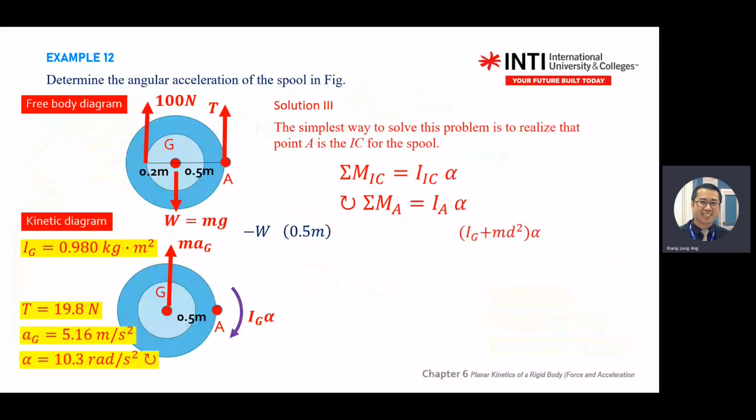Here you convert A as your IC point, and you calculate the second moment of inertia at point A. So you have no issue with the free body diagram, F equal to ma, but you focus on A. But now you are using the moment of inertia at A. So again, if you shift your point, you need to use I_G plus md squared.